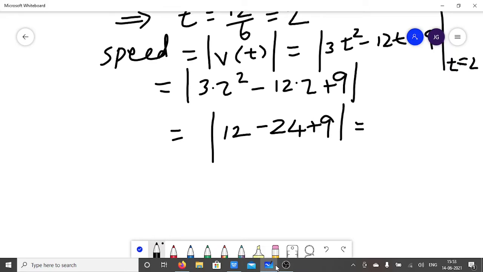So 12 minus 24 plus 9 is minus 3, and the modulus is 3 meter per second.